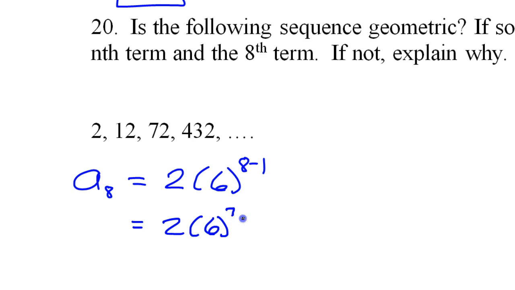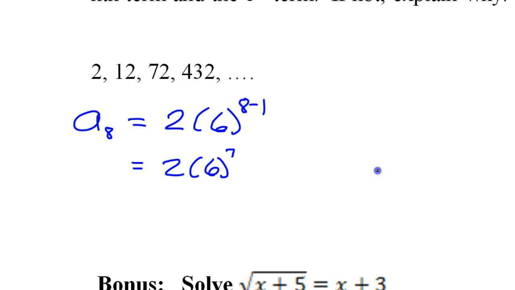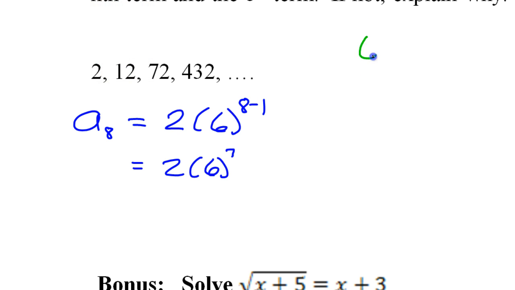Now, the 7th power is off of the chart. So it will be helpful, I'm going to do this off to the side. 6 to the 7th power is the same thing as, for example, 6 to the 3rd power times 6 to the 4th power. Whoa, 6 to the 4th power. These are on the chart.